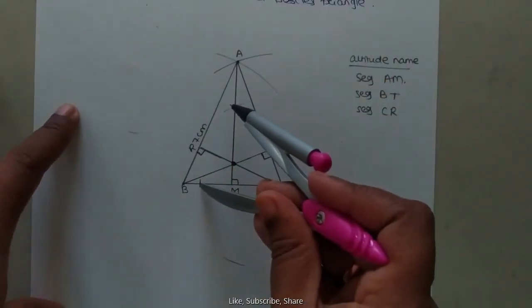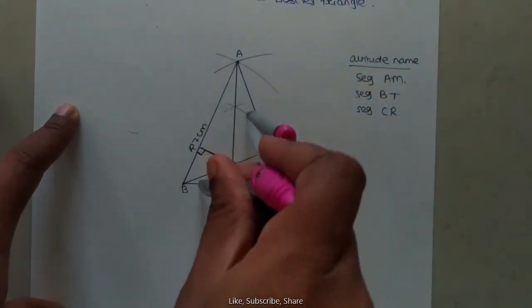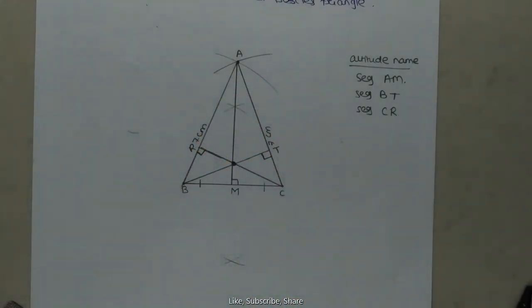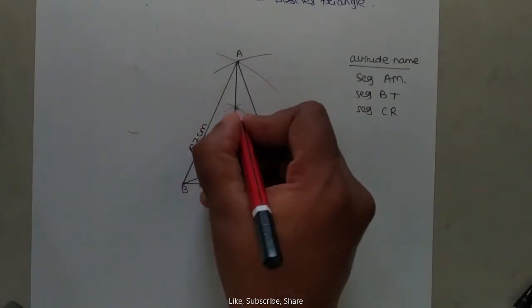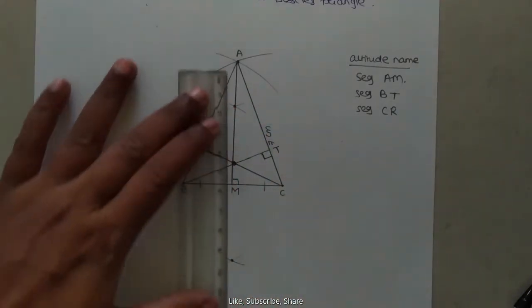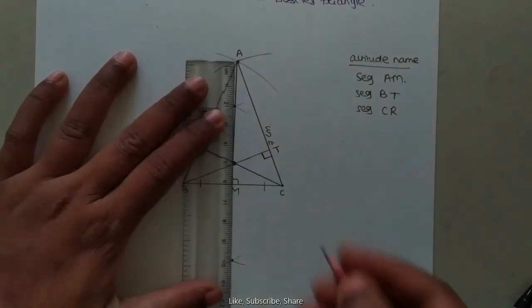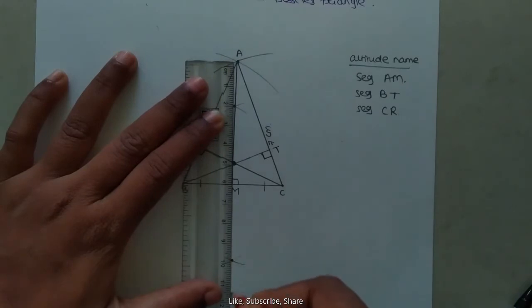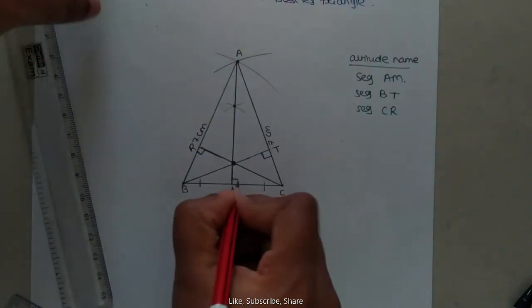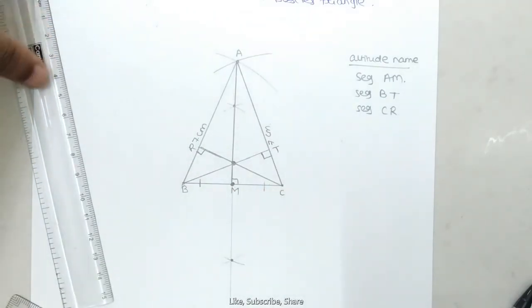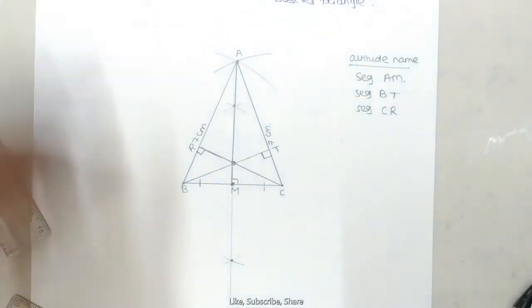Now cut this arc, and then we get these two joint points, this one and this one, and draw a line. Do not draw a dark line. So this one is the median.